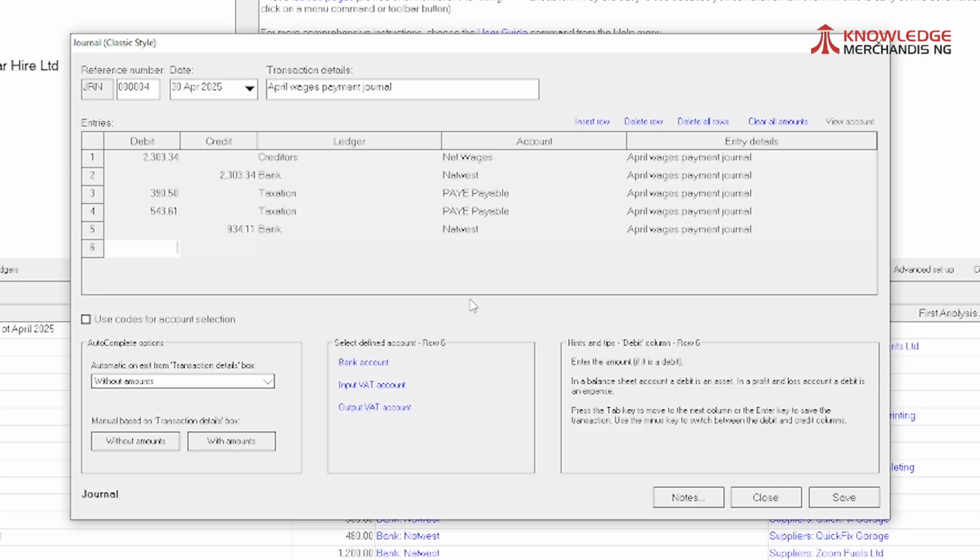Next one, employer and employee pension. We deducted the employer and employee pensions, which is 240 pounds.